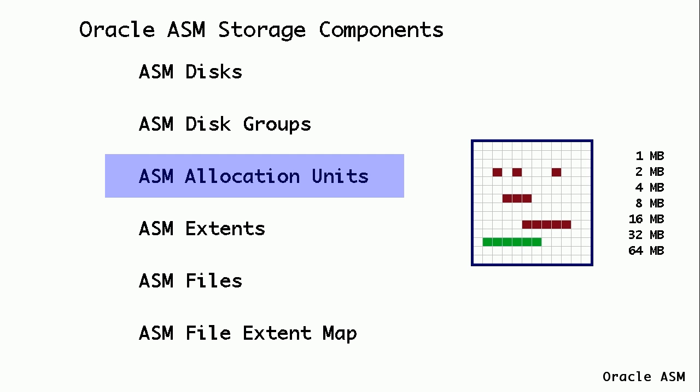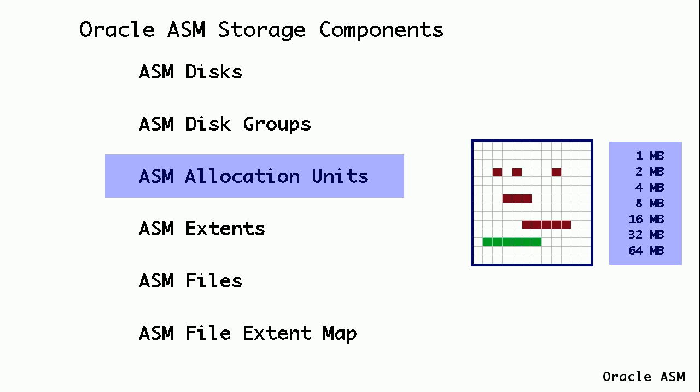Oracle ASM allocation unit is the fundamental unit of allocation within a disk group. Allocation unit is the smallest contiguous disk space that Oracle ASM allocates. Every ASM disk is divided into several allocation units. Allocation unit size can be selected during creation of an ASM disk group.